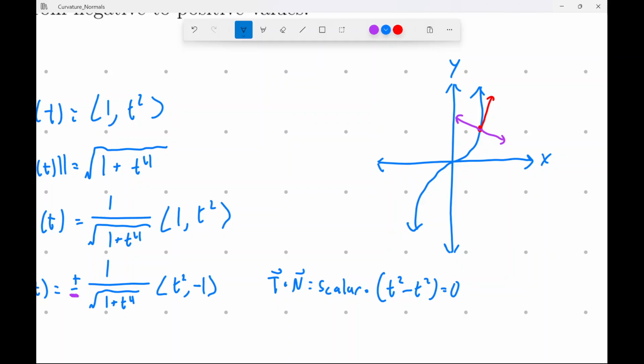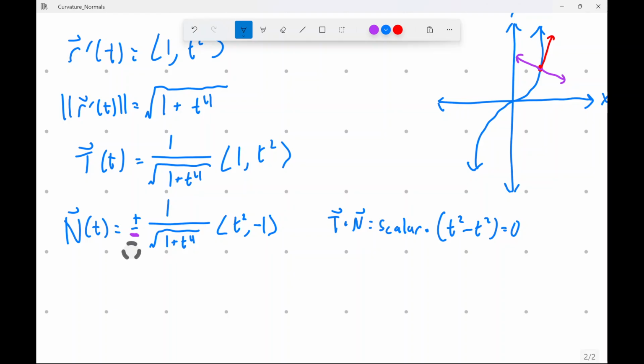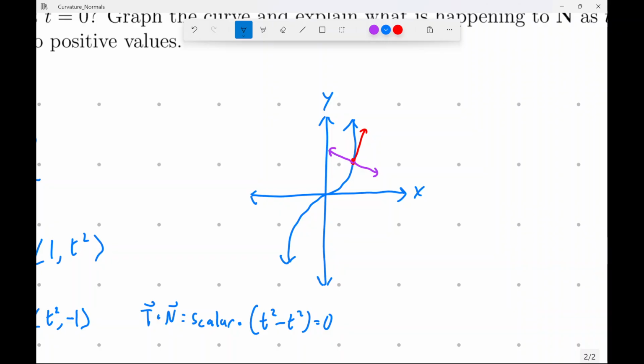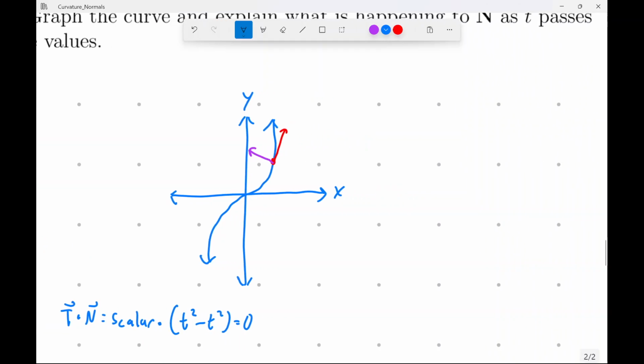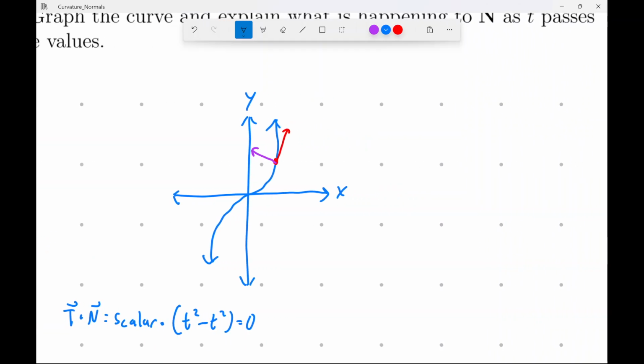And so to figure out whether it should be plus or minus, we have to look at these vectors. We want the one that points inward, so we have to ask ourselves, is the x and y component of this vector positive or negative? And since it points left and up, the x component is negative and the y component is positive.